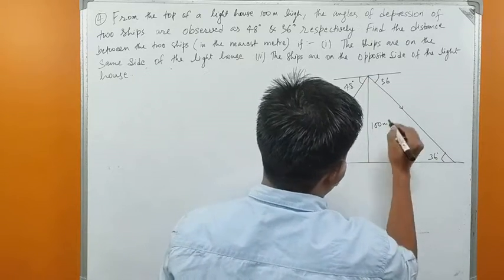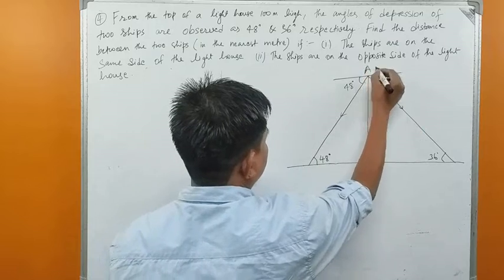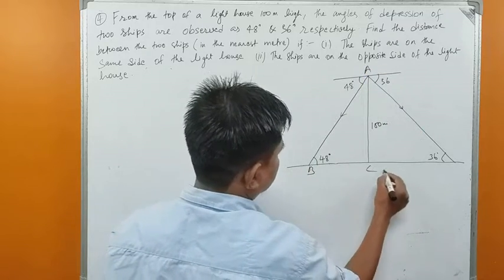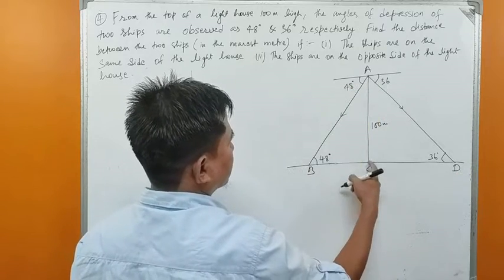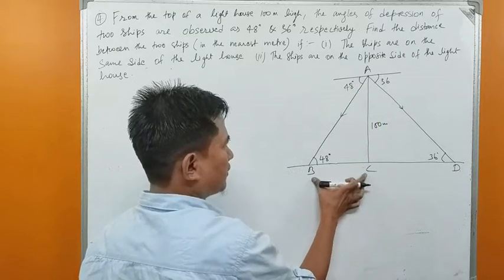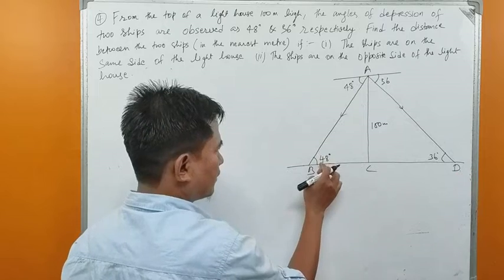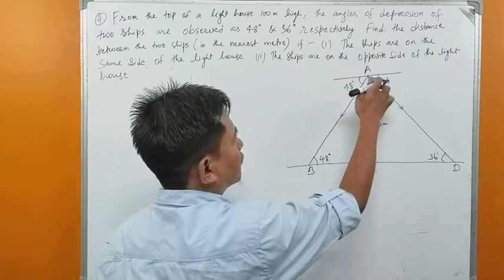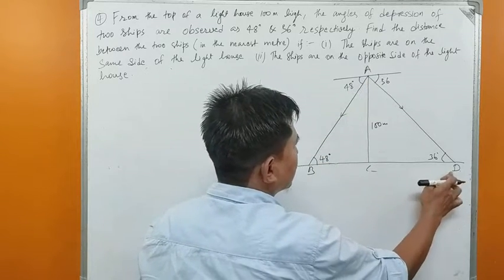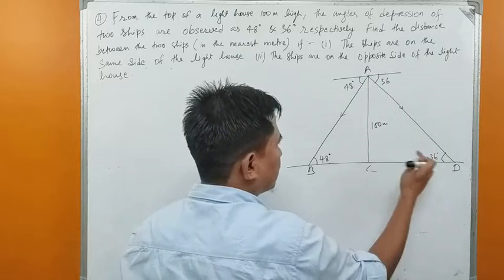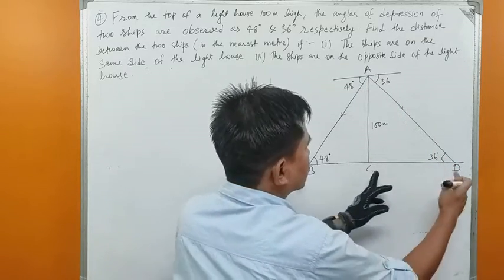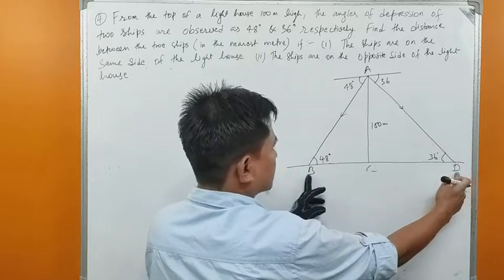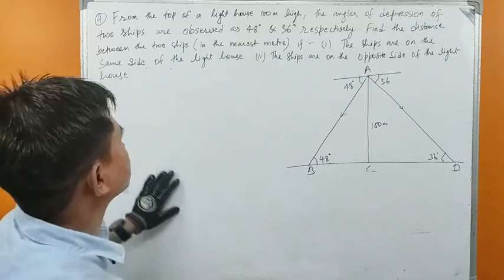What we do is A, B, C, D. From triangle ABC we find BC, okay, because we have perpendicular, we have angle, we can find BC. From triangle ACD, we have perpendicular, we have angle, we can find CD. So we add up BC plus CD, so the distance BD, distance between the two ships, can be found.